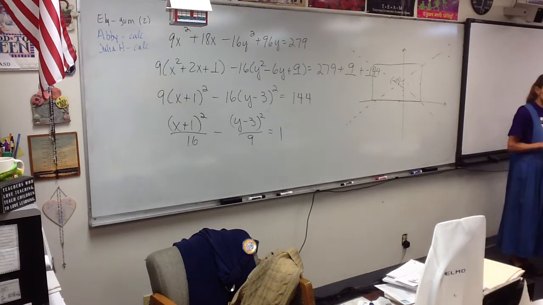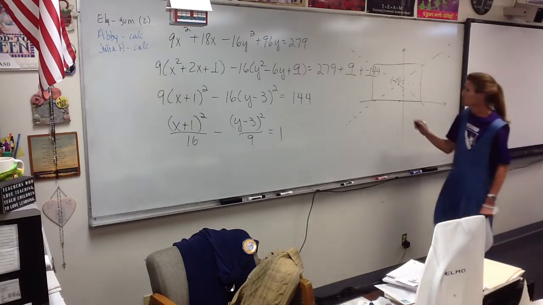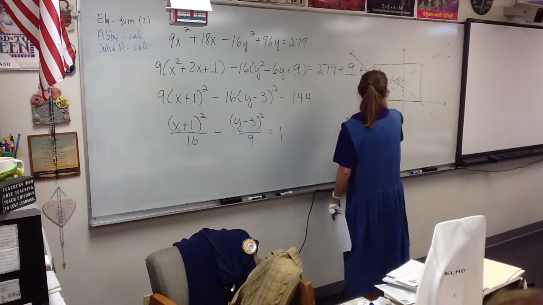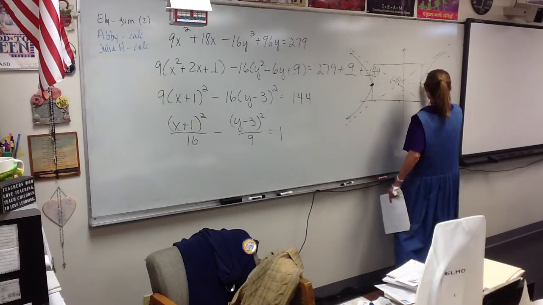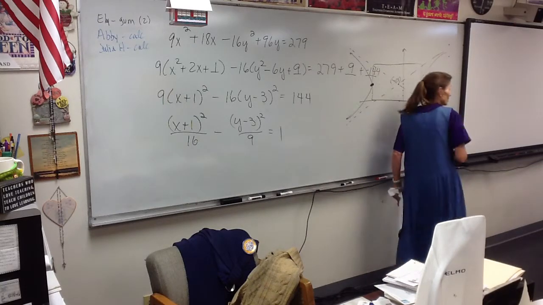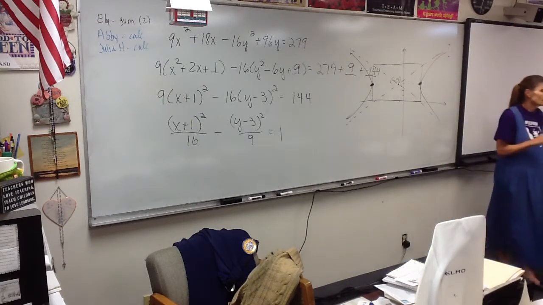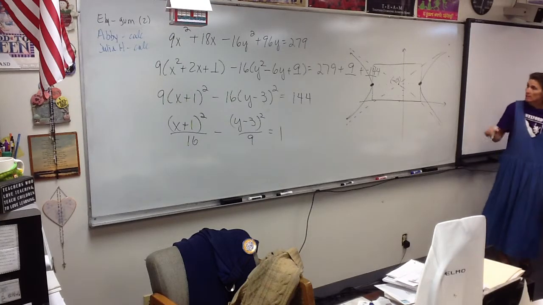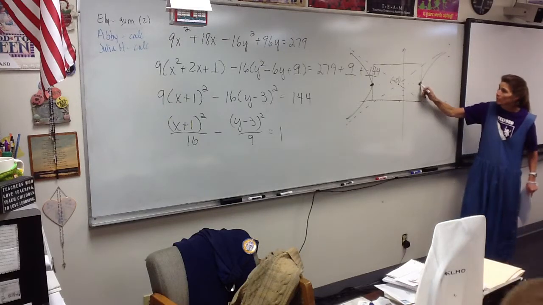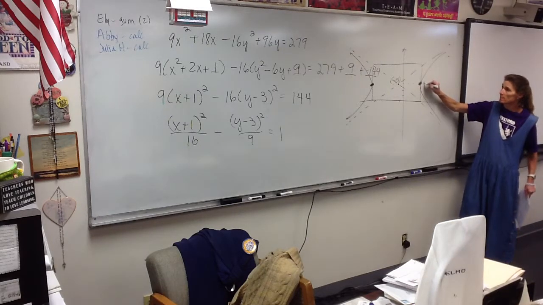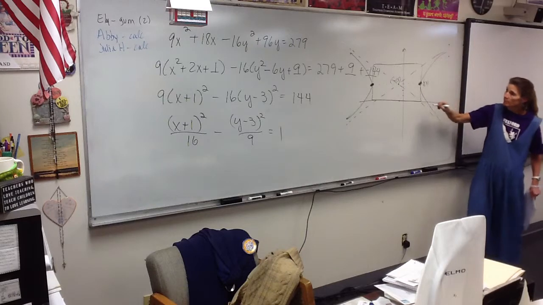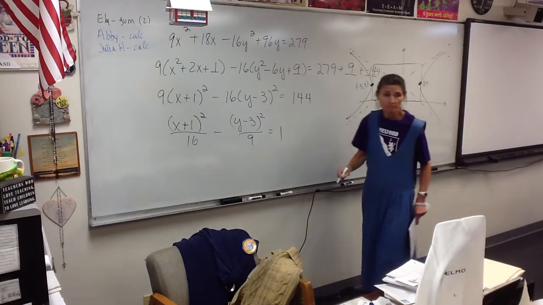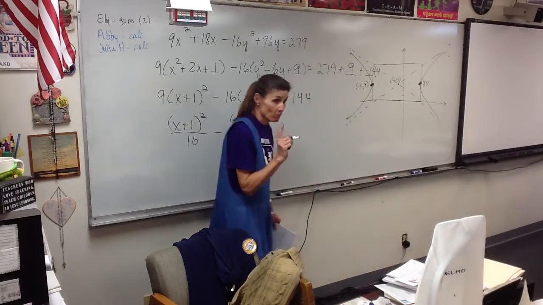Zach Bat says sideways, is he right? Yep, because X comes first. Which means this big black point right here and this big black point right here are the vertices. There's only 2 of them. So I need to write down those points. I counted forward 4, so this would be 3, 3, and backward 4, negative 5, 3. Those are my vertices.